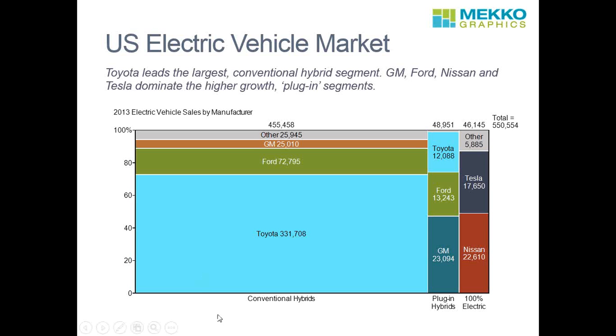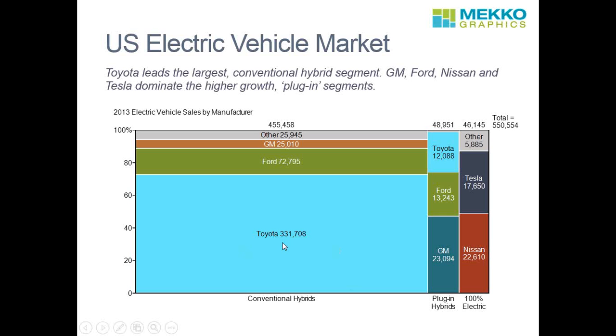The other thing to notice about the Marimekko chart is that we add the other series to the chart, so the other series always appears at the top, and typically in a Marimekko chart, we sort the bars, so the biggest bar is on the left, and we sort the series, so the biggest series is on the bottom.